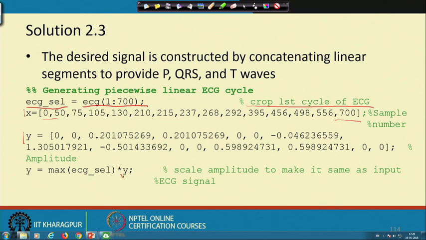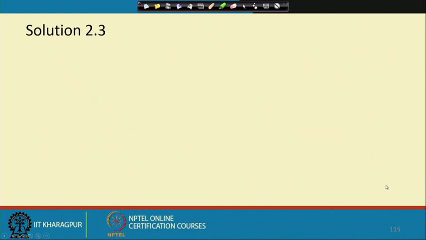We need to scale it with the help of the maximum value of that ECG signal within this segment. So, we are taking max of this segment into y. So, that gives us the amplitude, and with that we are able to get that signal output properly.